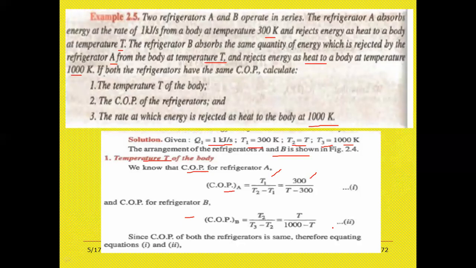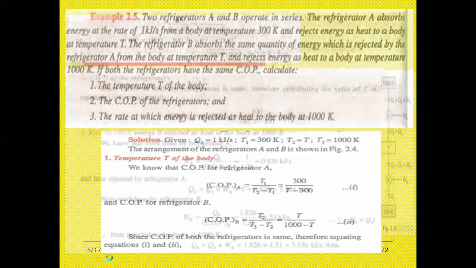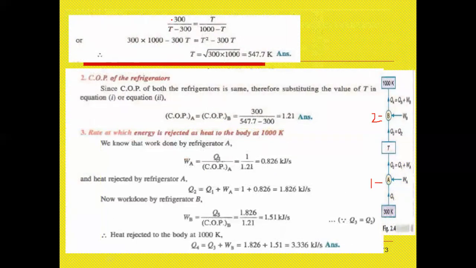Therefore, equating equations 1 and 2, we get 300 divided by T minus 300 is equal to T divided by 1000 minus T.